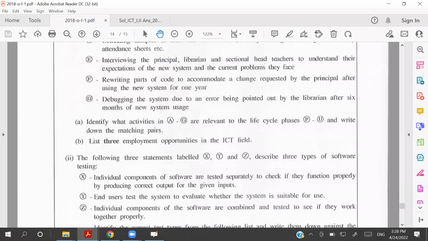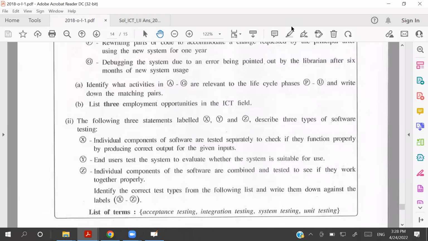So the B part says list 3 employment opportunities in the ICT field. There are many, right? You can say to become a computer operator, a system analyst, software engineer, senior software engineer, tech lead. Hardware engineers.